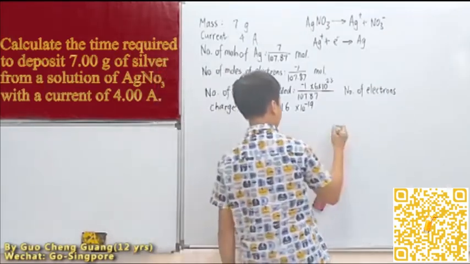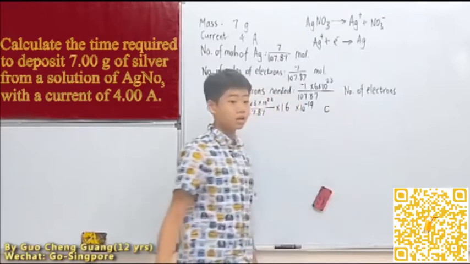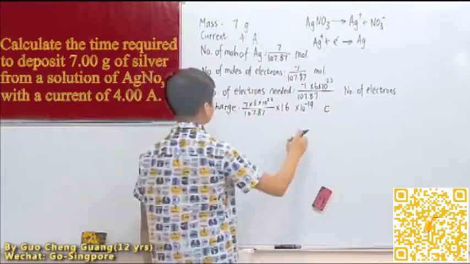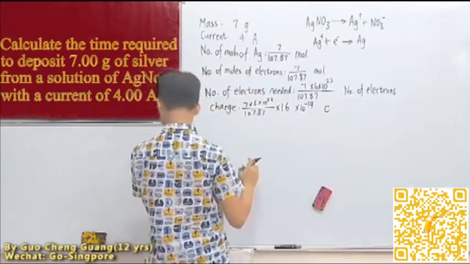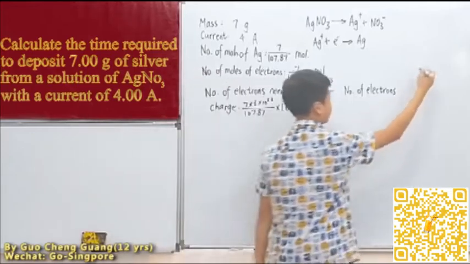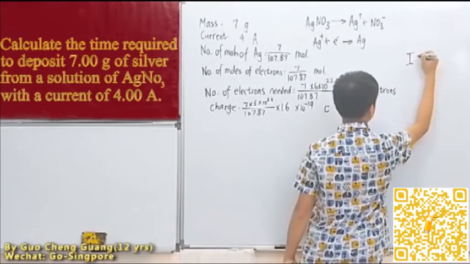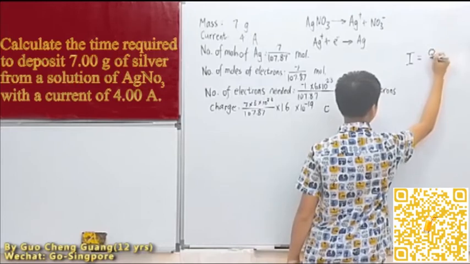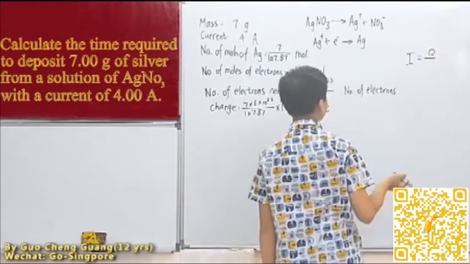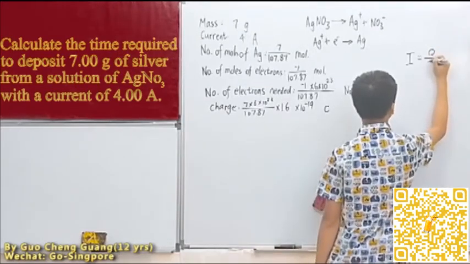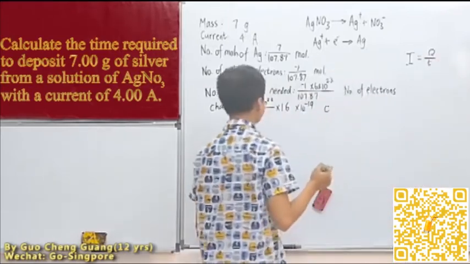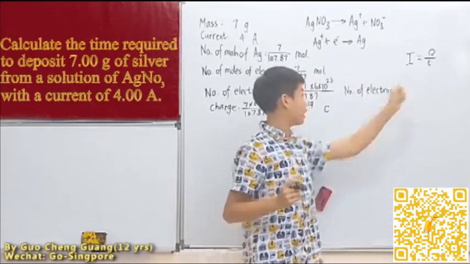For the charge, the unit that we're using is coulomb. Then according to what we need to find, I in this part will be Q over T.